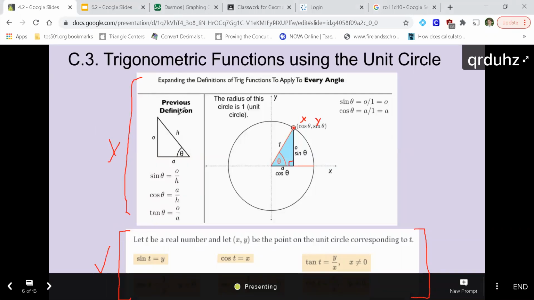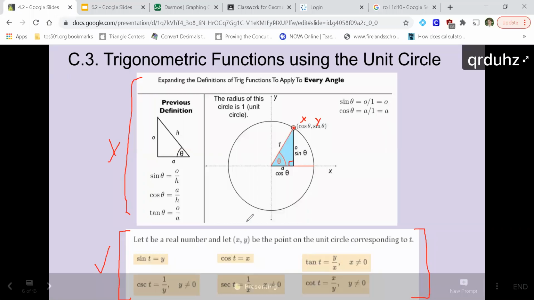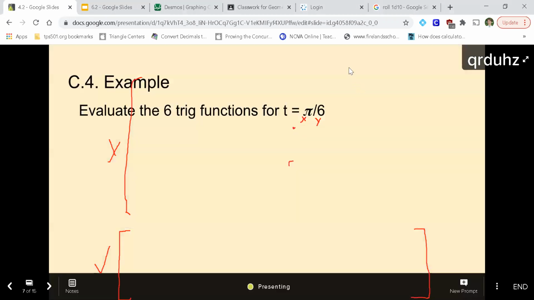Does anyone need more time to write down the formulas? Okay, and let me show you how to use them. They're not that bad. Now this is what we'll end class on today.